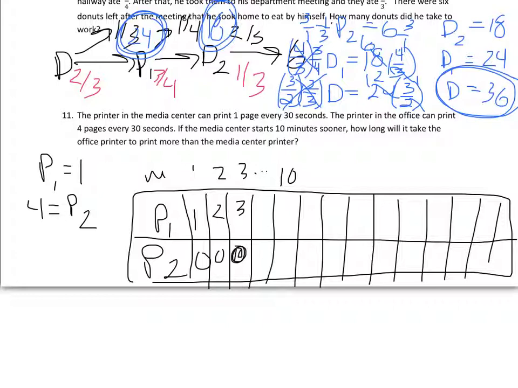The media printer is going to have 10 printed, but now the office printer is just going to start, so this is 0 still. So in the 11th minute, the media printer has 11, but the office printer is going to have, oh crap.